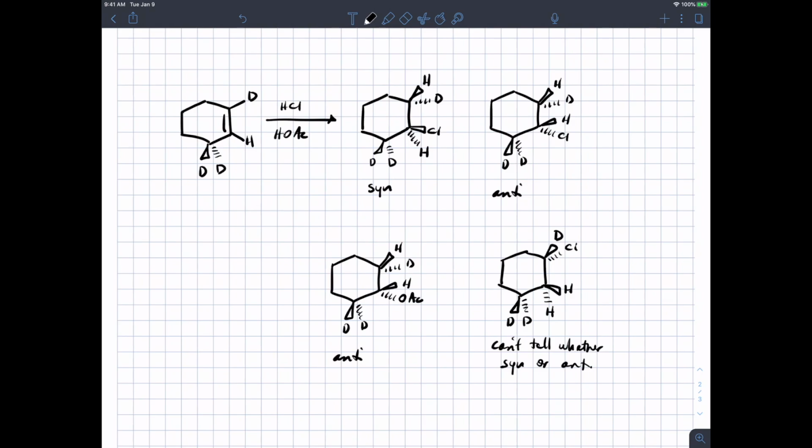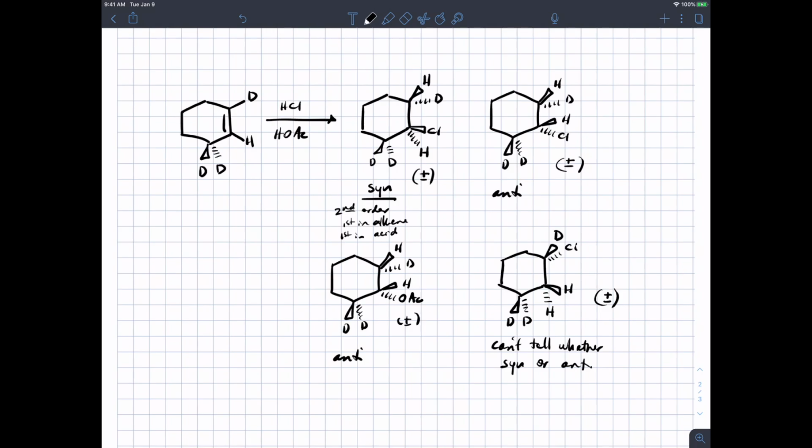And of course, to the extent that these are chiral, you've got racemic mixtures of enantiomers. You can't favor one enantiomer over the other. But there's some weird kinetic observations. The syn product that I've noted here is second order, first in alkene and first in acid, and that's exactly as expected.